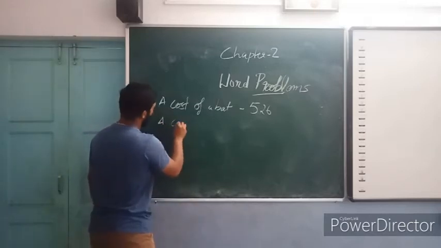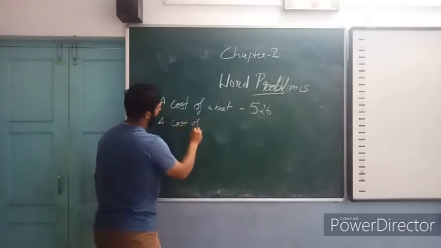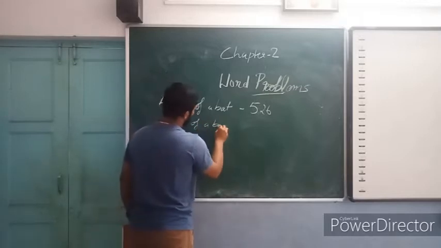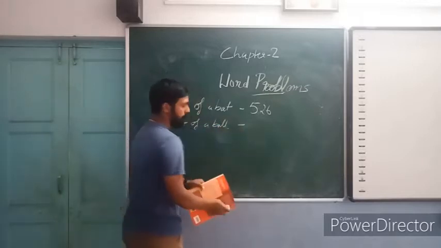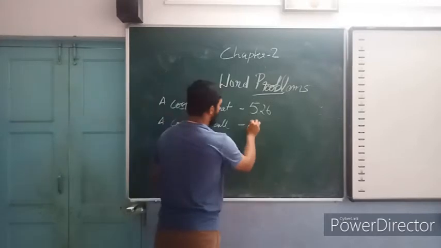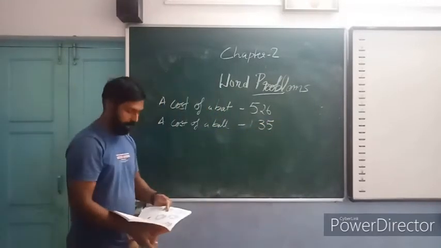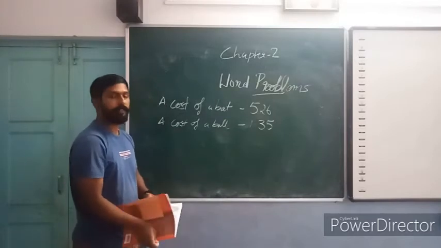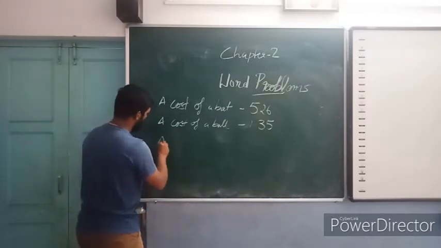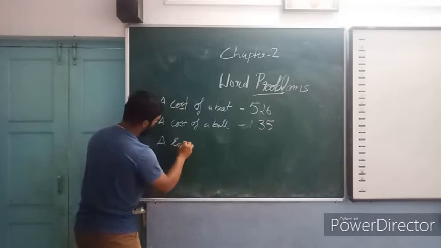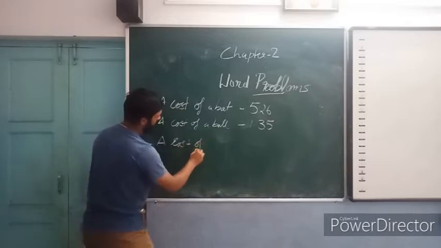And now the cost of a ball. How much is it given? It is given 135. And finally, the cost of a stump.